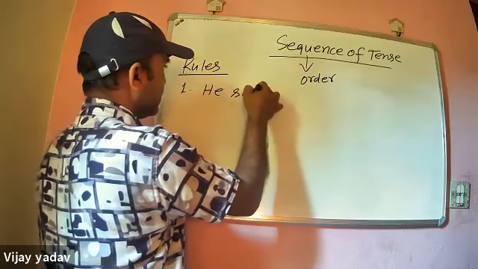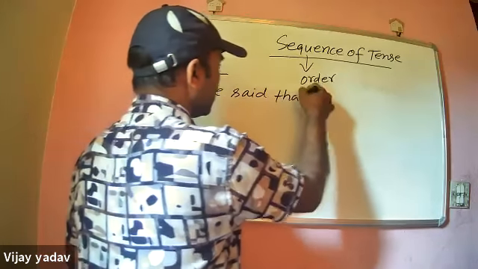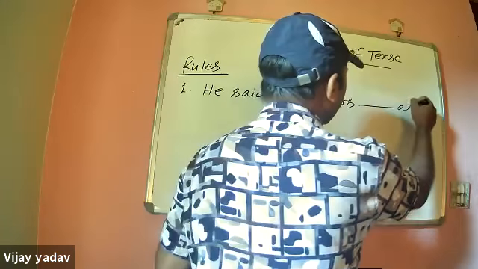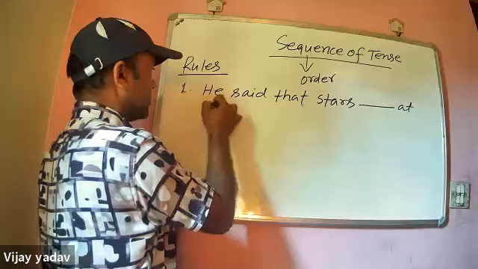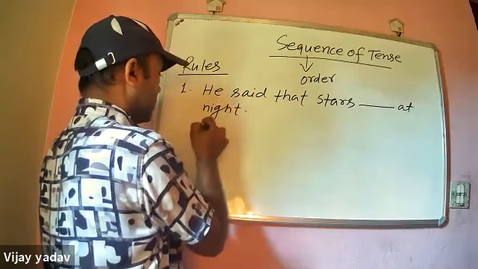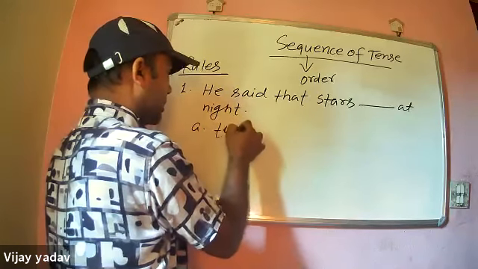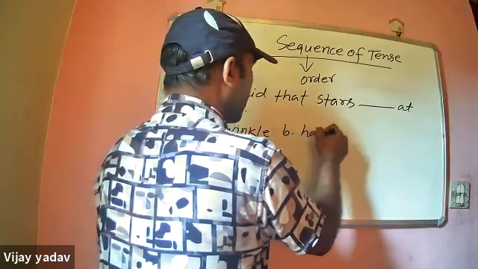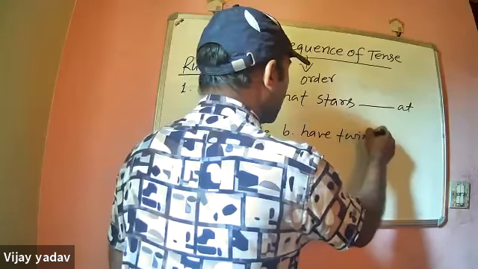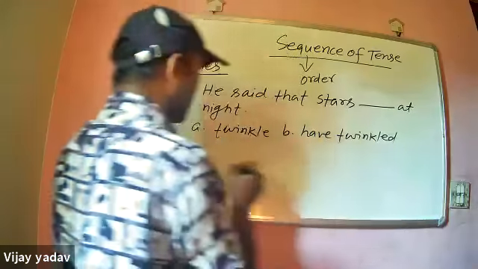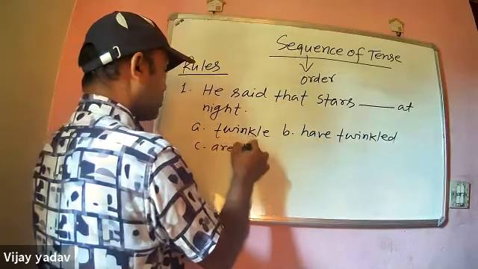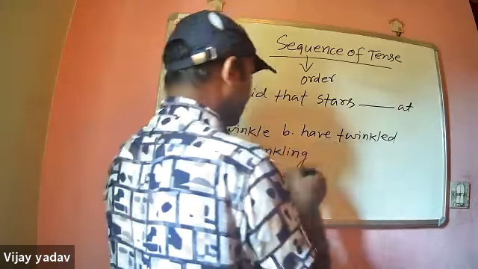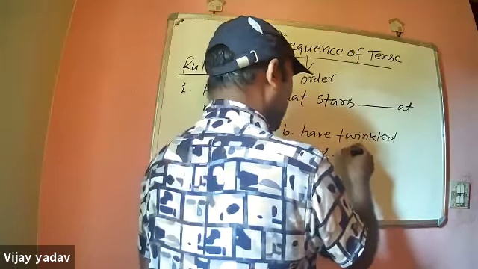He said that stars ___ at night. Very simple question. Options: A. twinkle, B. have twinkled, C. are twinkling, D. twinkled.